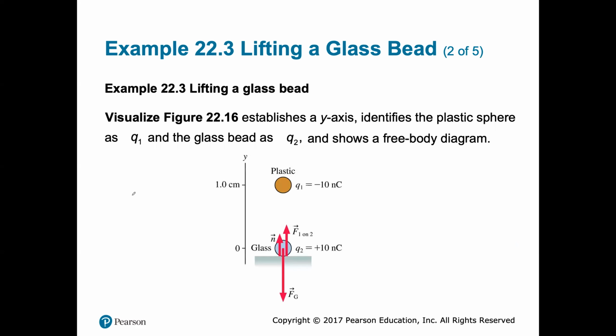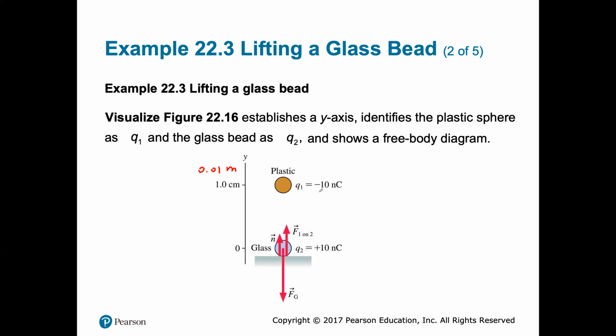Okay. If we draw a picture, we can show it here. You have a glass bead on the table. You have the plastic charged particle above it. The distance between them is 1 centimeter or 0.01 meter. Because when you're using Coulomb's law, you have to convert it into SI units first, which is meters.